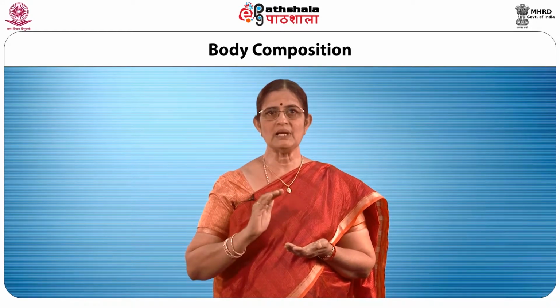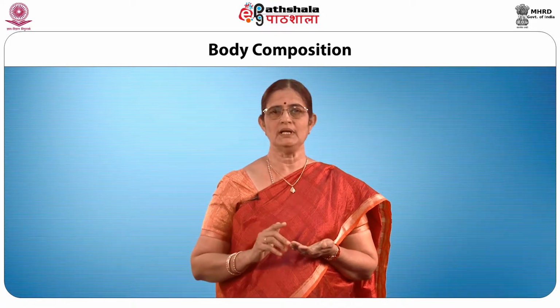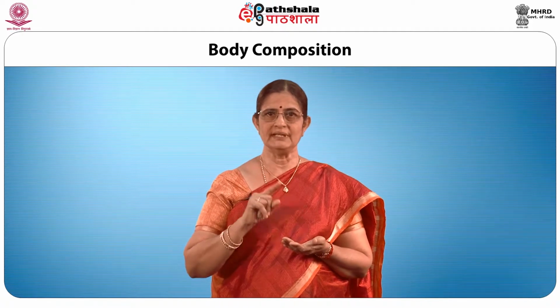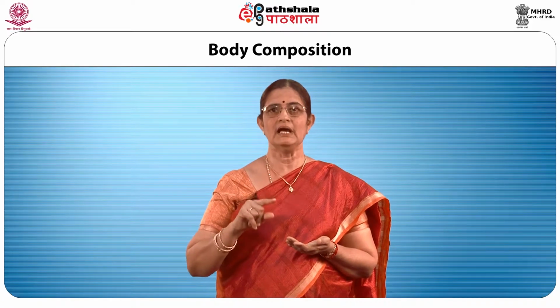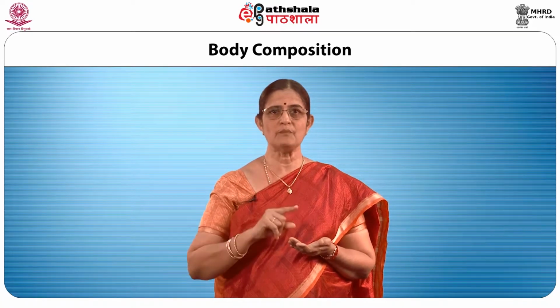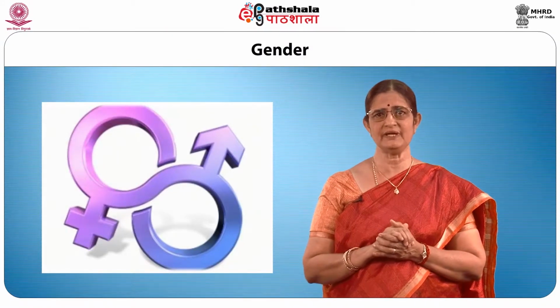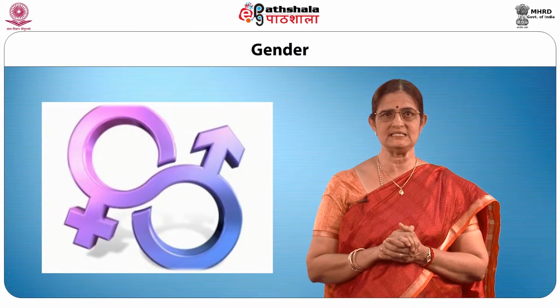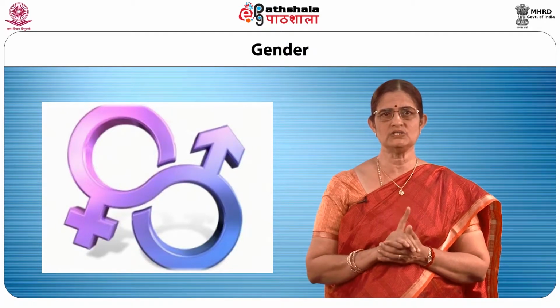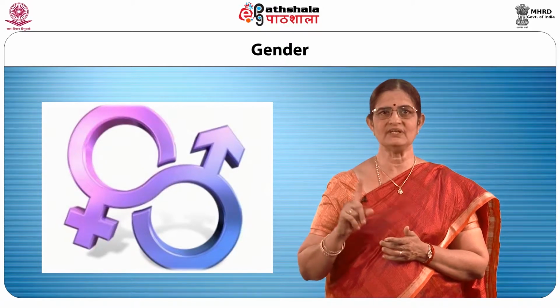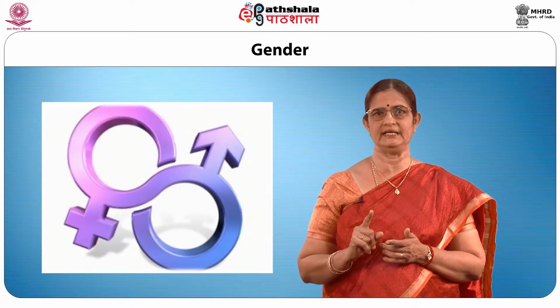The total basal energy requirement per unit of body weight is higher when the muscle tissue is in higher proportion to total body weight. Now, we will see the third factor, gender. The BMR of an adult man having 65 kilogram of body weight is around 1 megajoule per day higher than a woman of the same age and weight.